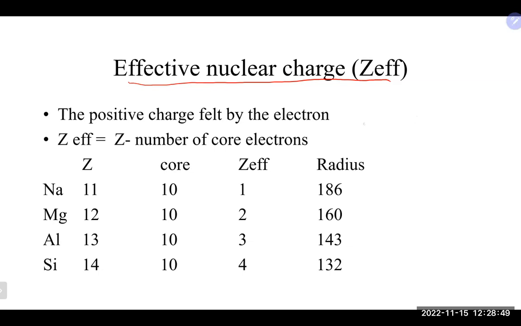For example, let's take our good friend lithium, which has 3 protons, so we have a +3 charge there, and 3 electrons: 1s2 and 2s1.